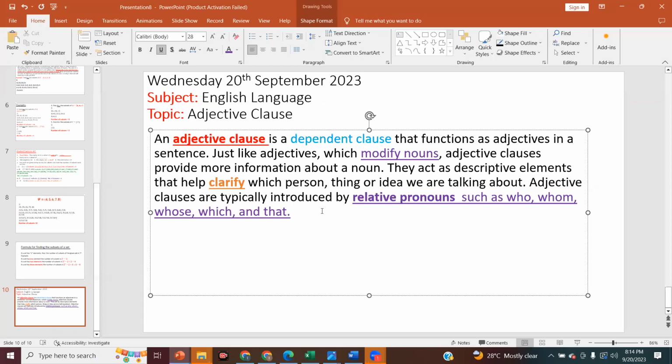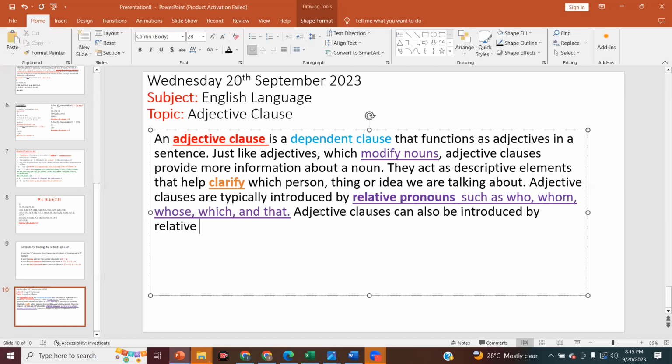So adjective clauses not only have to be introduced by relative pronouns. Adjective clauses can also be introduced by what we call relative adverbs.